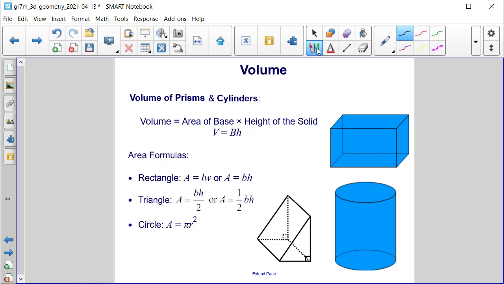So really for a cylinder, you could simplify that volume equation to be pi r squared times the height of the cylinder, because they will always be the same. So this is r and this is h. You can write the volume of a cylinder as pi r squared times h.